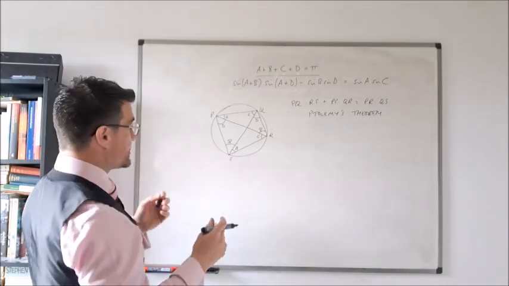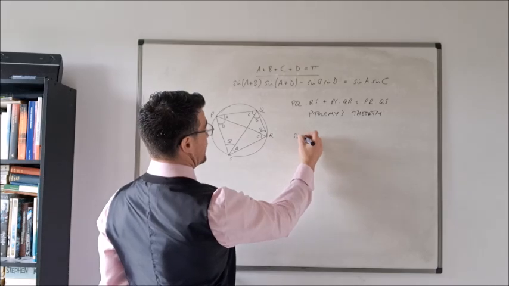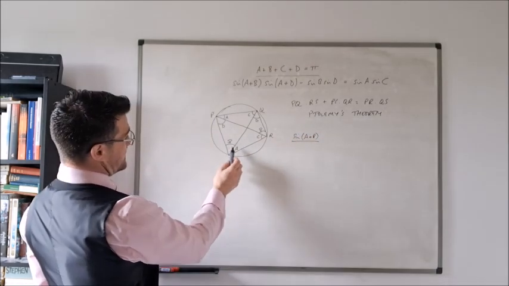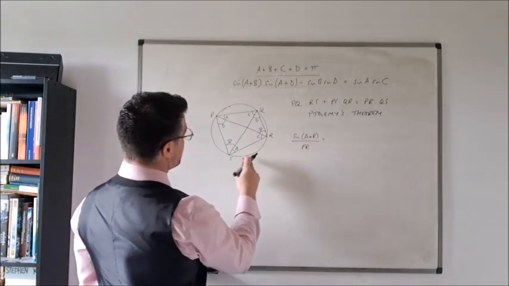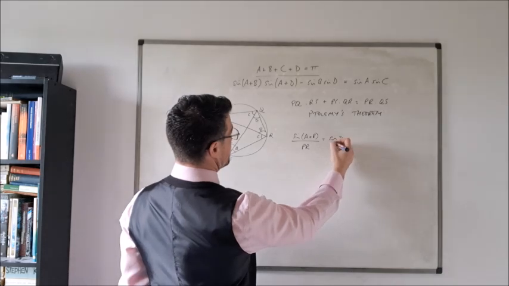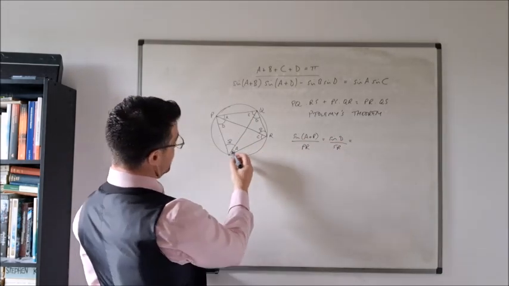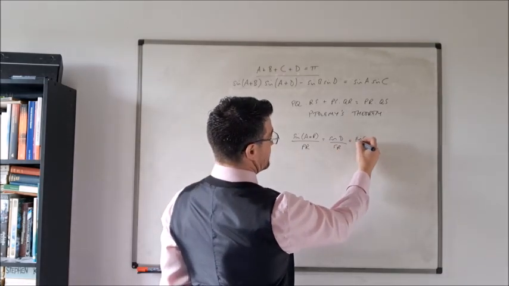This is a much more convenient idea, because now I get sine A plus B over PR is equal to sine D over SR, which is equal to sine C over PS.